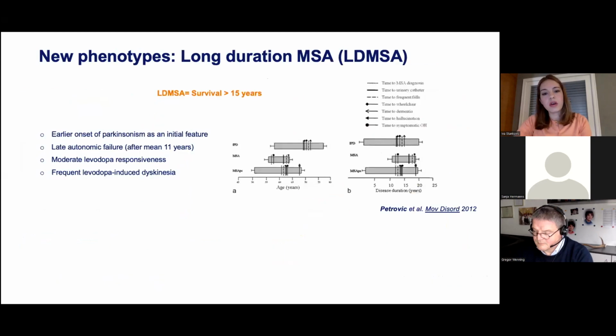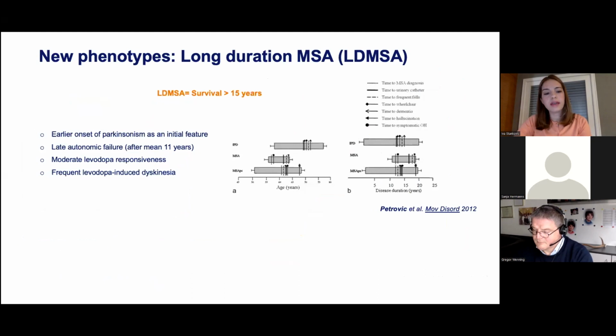Next phenotype is long duration MSA. These patients usually start with the motor symptoms, usually Parkinsonism as described in the literature, and then they develop autonomic failure after a mean of 11 years from symptom onset.